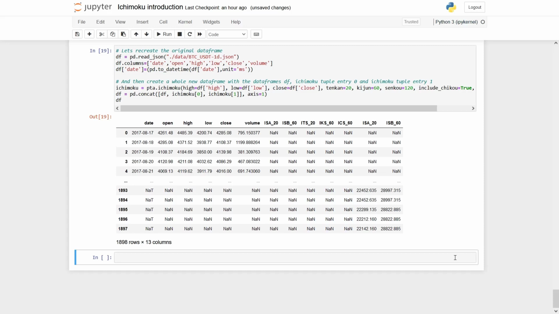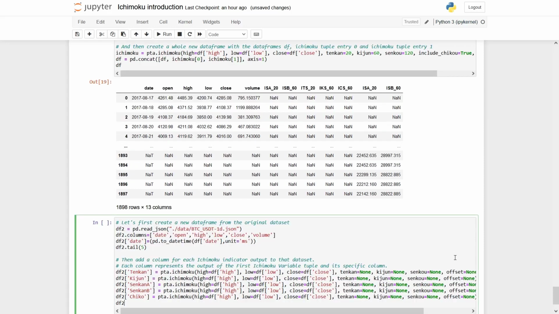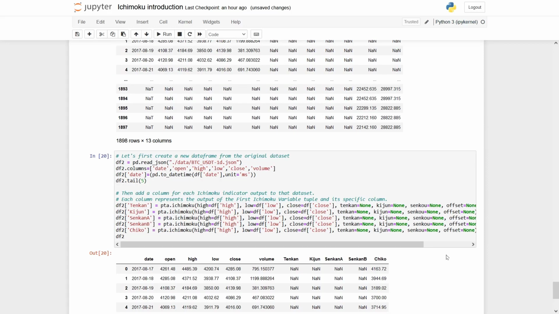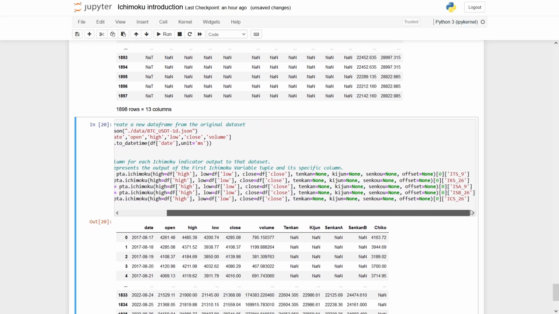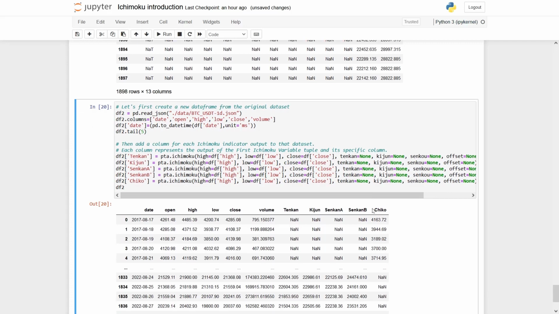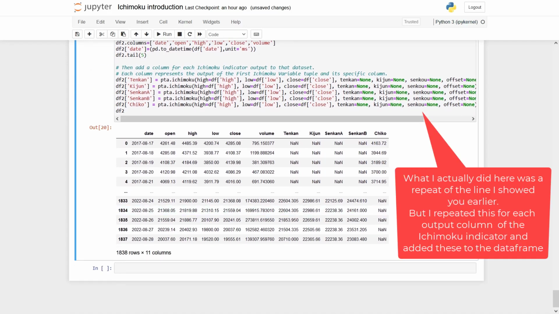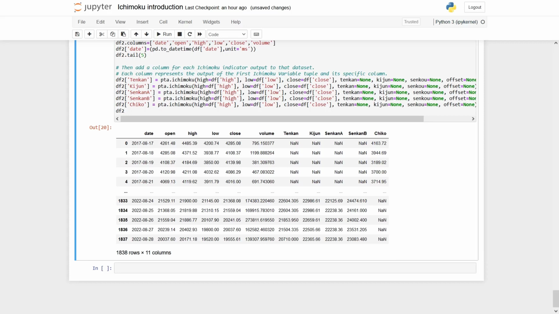And if I copy and paste the contents of this cell, you can see here that I have created additional lines of code to create the additional data frame columns with the Ichimoku indicator values, of course. And if you want to make this really nice and flexible, then use variables for the length of each indicator.